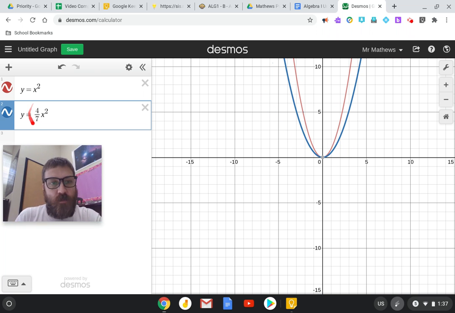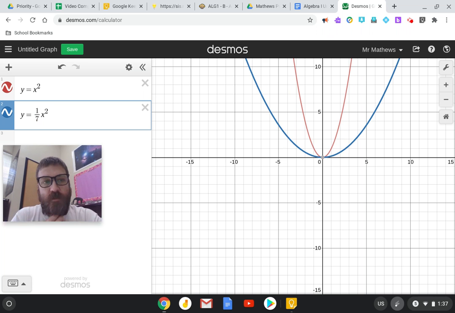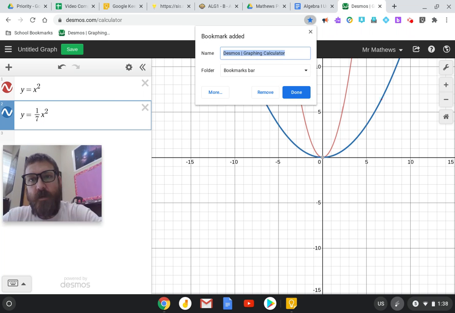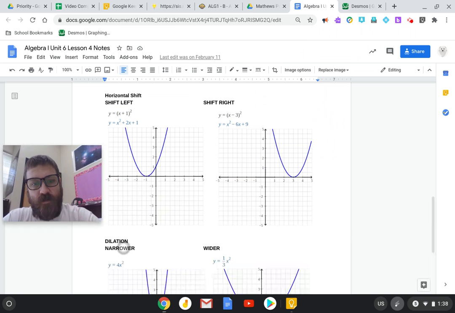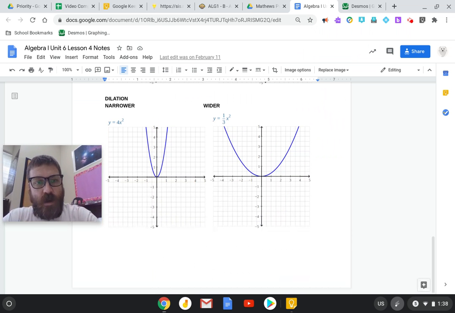All of these are examples of things that are less than 1. Well, when I do that, the graph is widening. The graph here is wider than the red graph, because when I multiply by a number less than 1, the graph widens. And that's what we have in my example down here. Narrow is greater than 1, wide is less than 1.